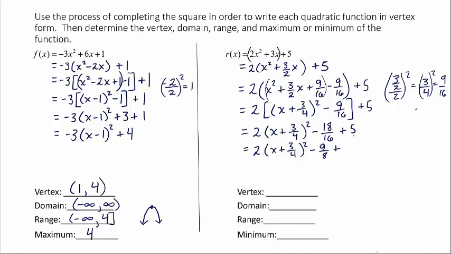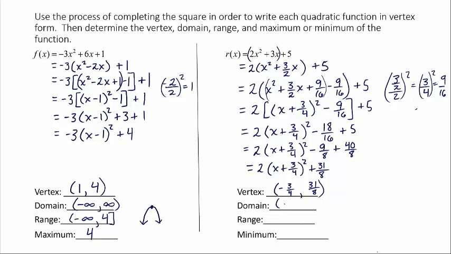And get a common denominator there. So with 8, I'm going to have 40/8, right, is 5. So then we'll have 2 times x plus 3/4 squared. Negative 9 plus 40 is 31/8. So our vertex is negative 3/4, right, because we're adding inside the parentheses, and 31/8.